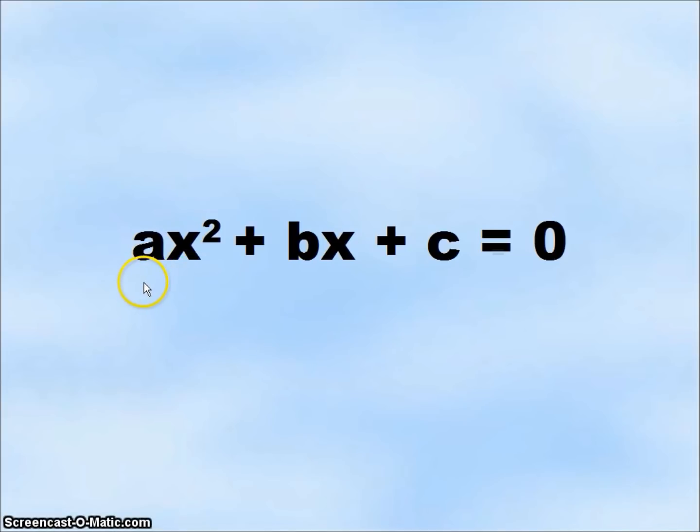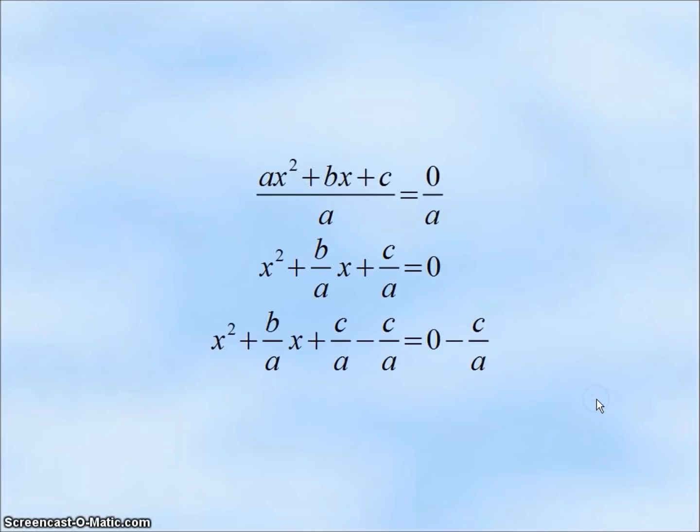First, we want to get this first term to be just a 1, so we will divide everything by a. So, divide all of that by a, and again, we must do the same thing to both sides of the equation.